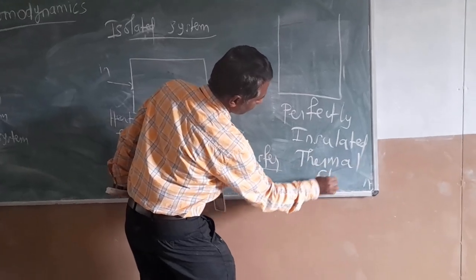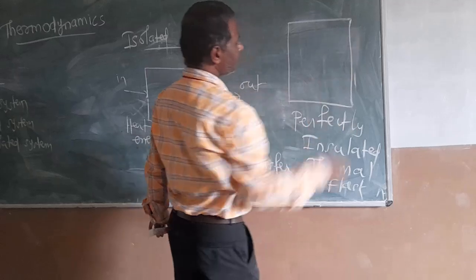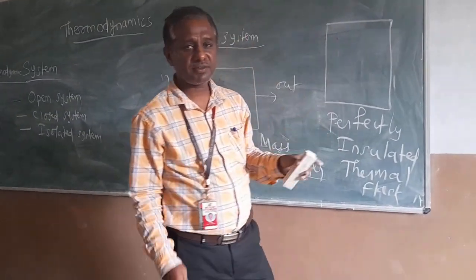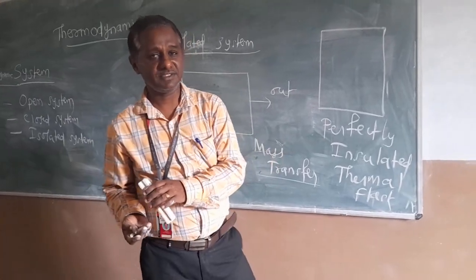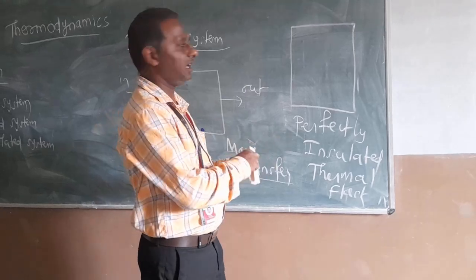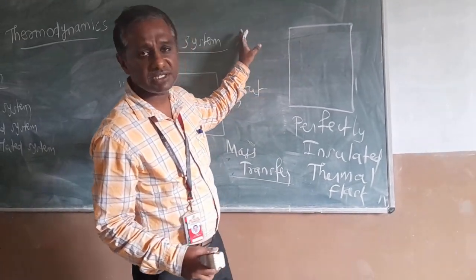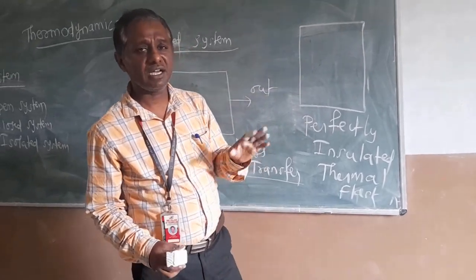Generally a flask is insulated, and insulated means it reduces the amount of heat transfer. Perfectly insulated means it does not allow energy transfer from inside to outside or from outside to inside. The energy transfer will not be occurring.